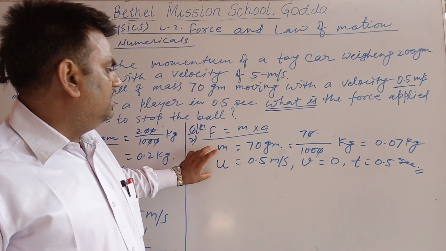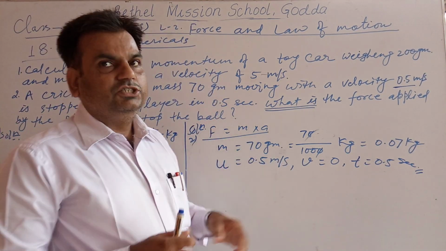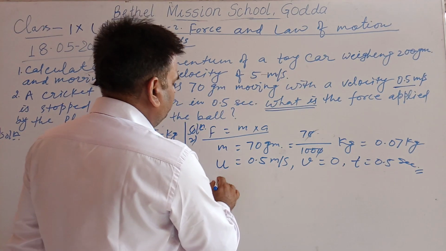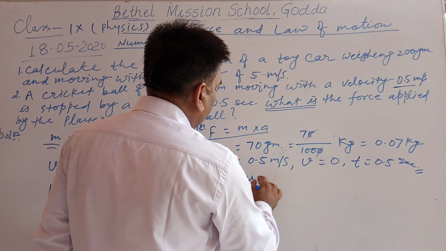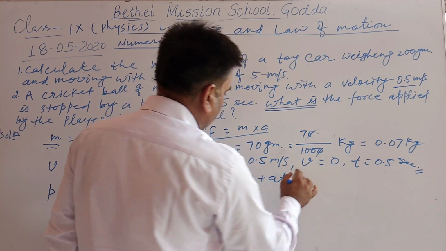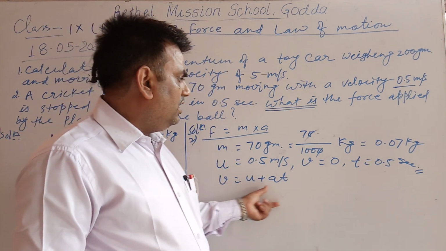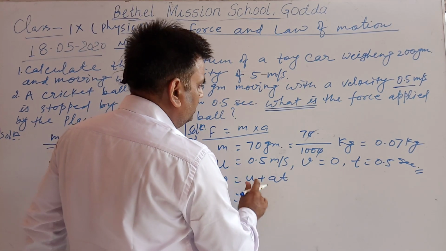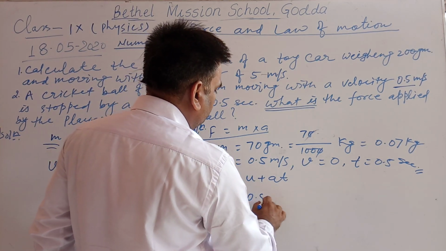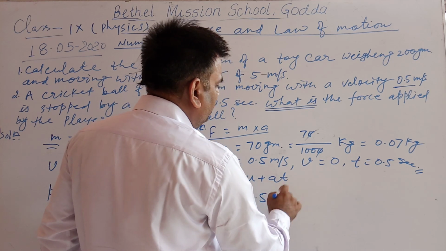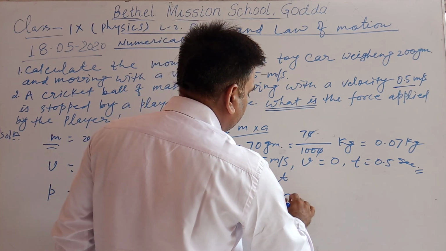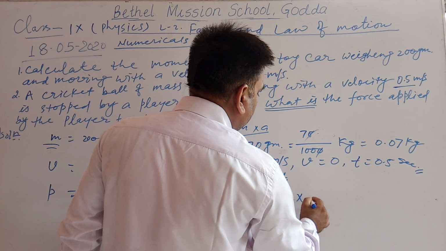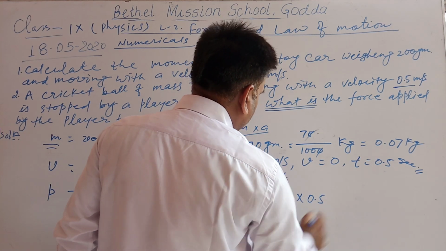We will use the first equation of motion, which is v equal to u plus at, and we put all the values. v is 0, u is 0.5, plus a, which we have to find, into t, which is 0.5.